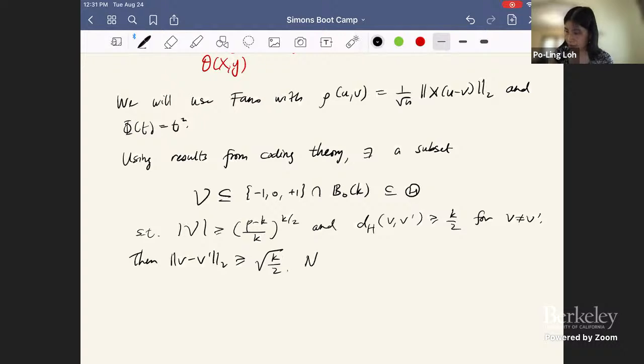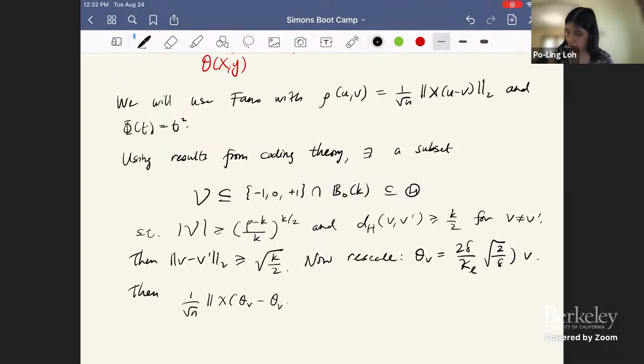Okay, so now we rescale. We take theta V equals 2 delta over kappa L times square root of 2 over delta times V. Then we can check that we have a 2 delta separated set. So we have to look at our rho metric, which was the norm of x theta V minus x theta V prime. Our conditioning assumption implies that this is lower bounded by kappa L times the norm of theta V minus theta V prime.